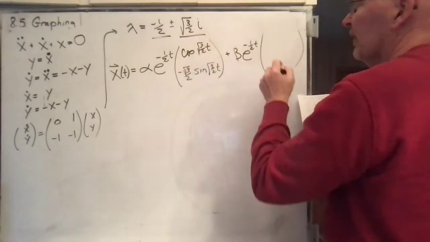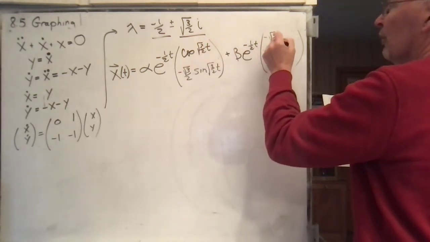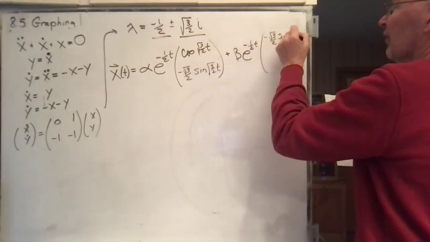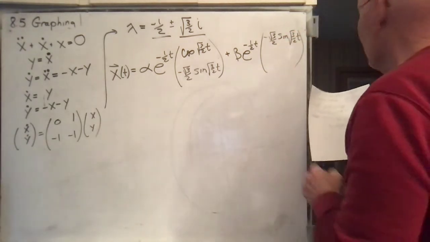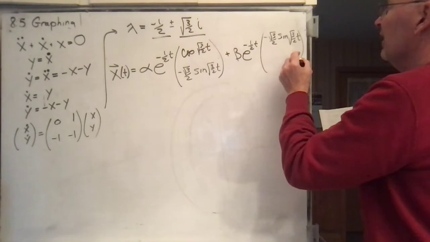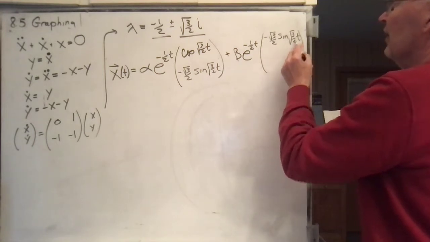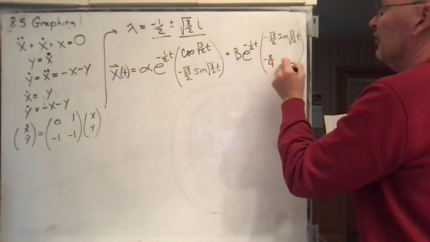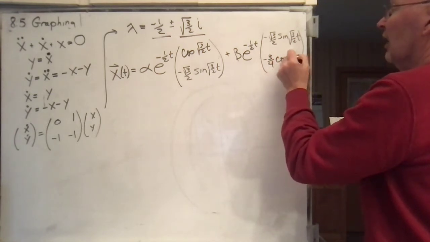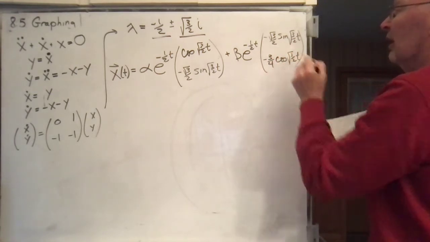You take the derivative of this, and you get negative square root of 3 over 2 sine of that t, and then its derivative down below. If you take its derivative, you're going to get negative 3/4 cosine, if I'm doing it right. And there you go.